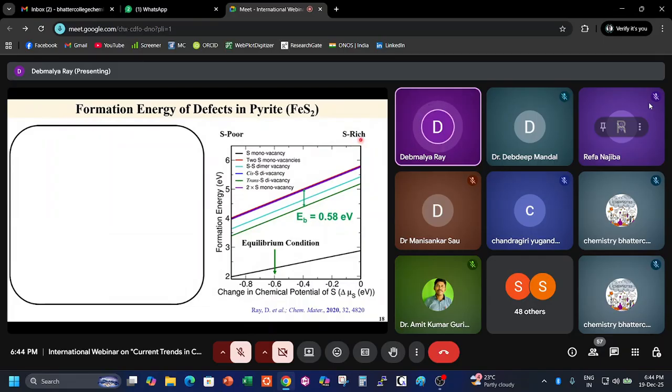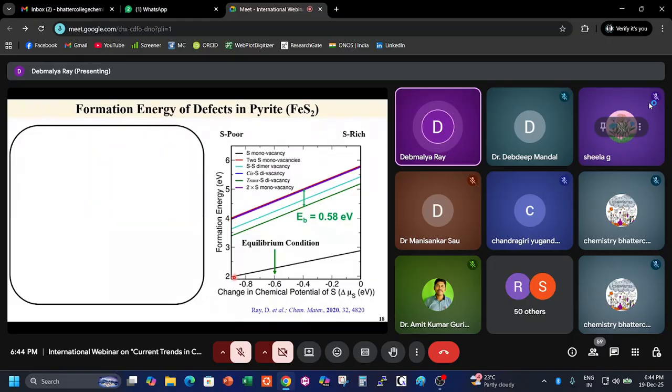If it is sulfur-rich condition, like when your sample has a lot of sulfur powder in the experiments, formation of vacancy is actually difficult. That's why it's more positive on the sulfur-rich side. But the sulfur-poor side is when you have fewer sulfur atoms. That means in your initial synthetic condition, you will be incorporating more vacancies in your crystal structure. And that's when it becomes more favorable, right?